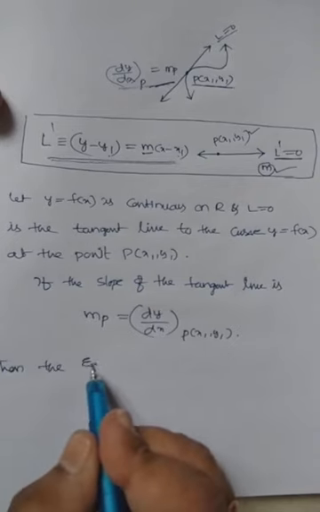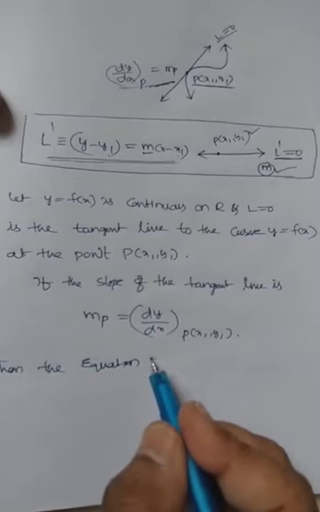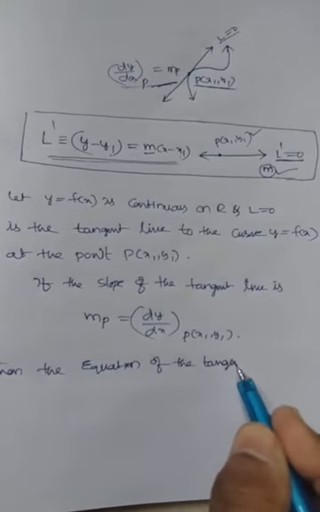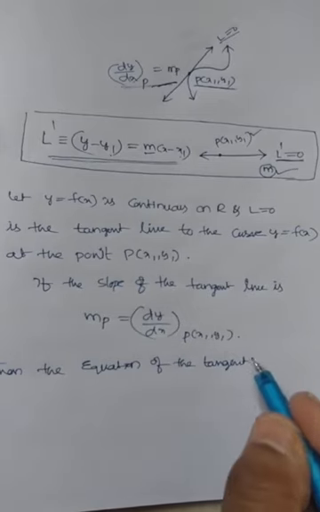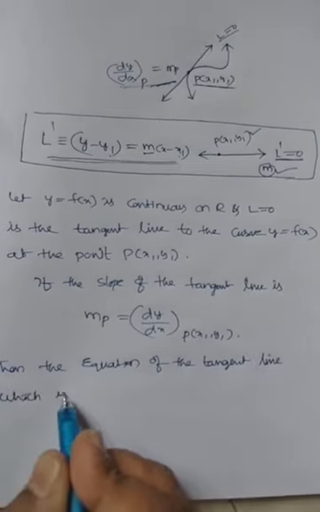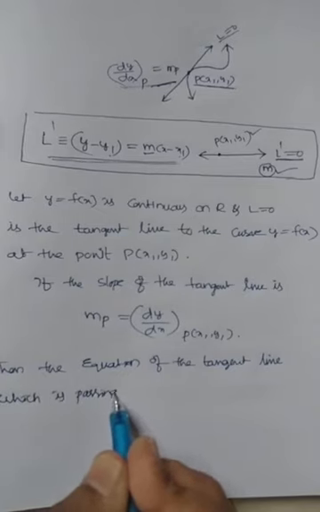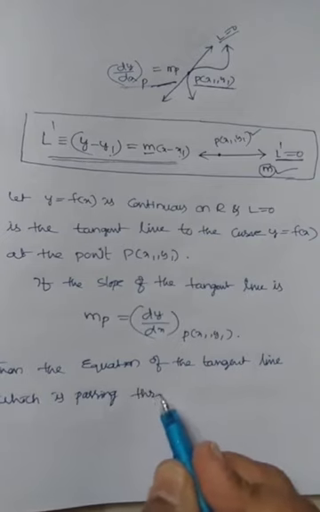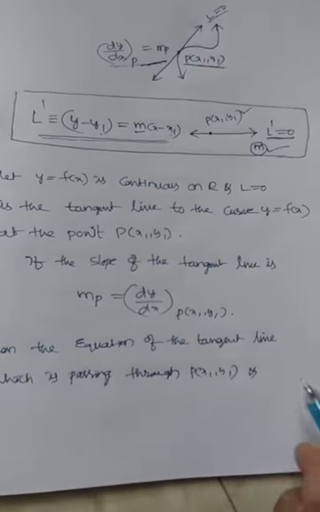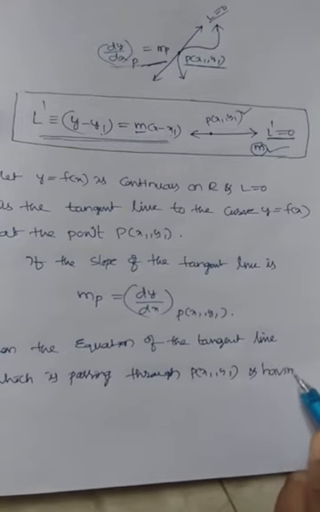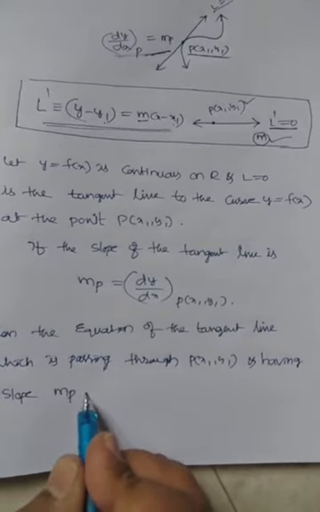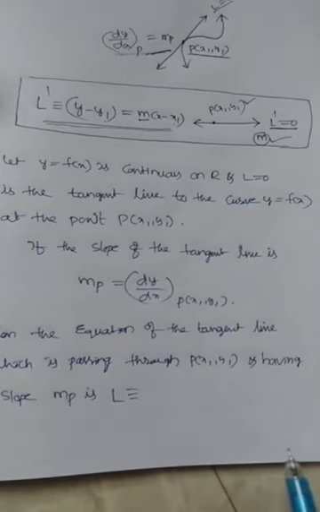the equation of the tangent line which is passing through P of x1 comma y1 and having slope m at P is L is equal to 0, the equation of the tangent line.